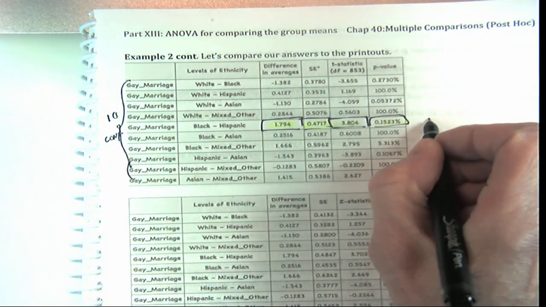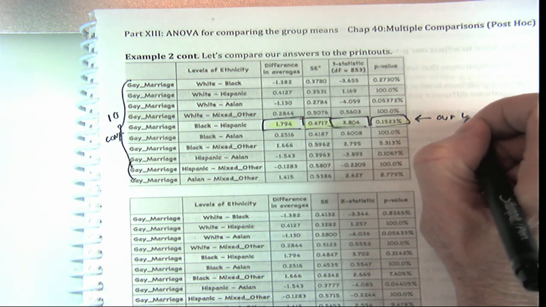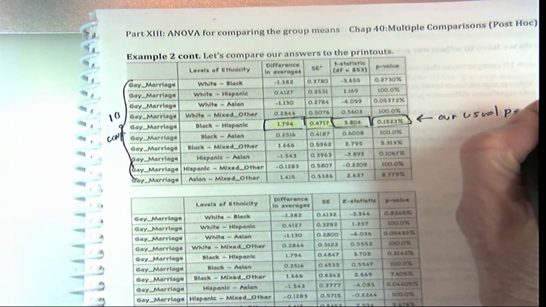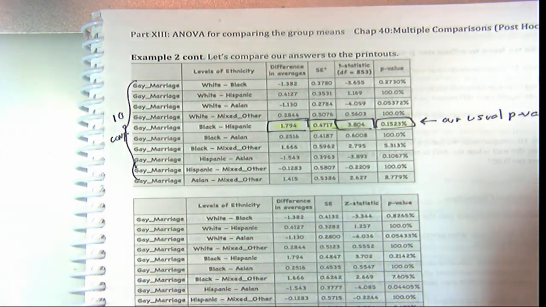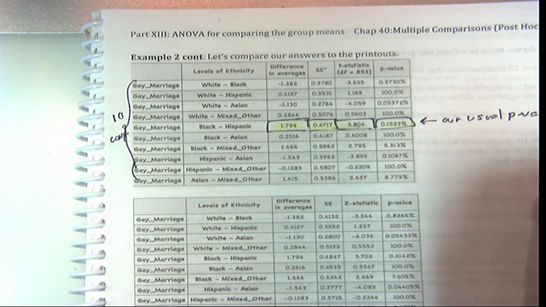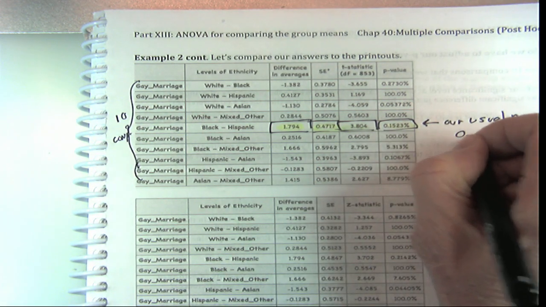Do you know what this is? This is our usual p-value that we just computed, 0.0152%, times 10, because there are 10 pairwise comparisons.